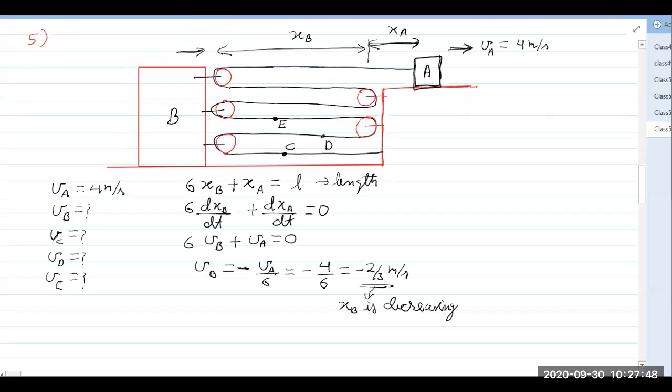You can also think of it another way. XB is taken on the left side of this point, and XA is taken on the right side. Since XB is taken on the left side, if XB is decreasing, the velocity of B will be positive.